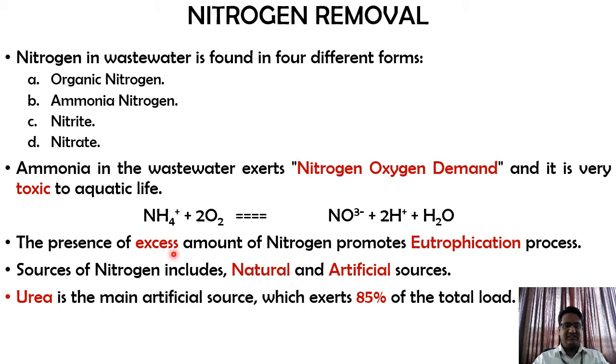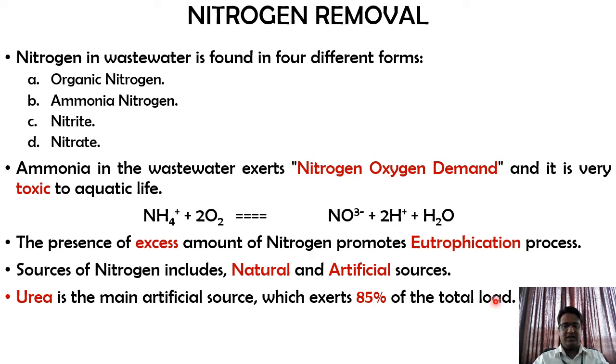The presence of an excess amount of nitrogen promotes the eutrophication process. As I told you with respect to phosphorus, the same thing happens if nitrogen is more in the wastewater or in the receiving streams; there is a chance of eutrophication. The sources of nitrogen include natural and artificial sources. Urea is the main artificial source, with more than 85% of the total load.